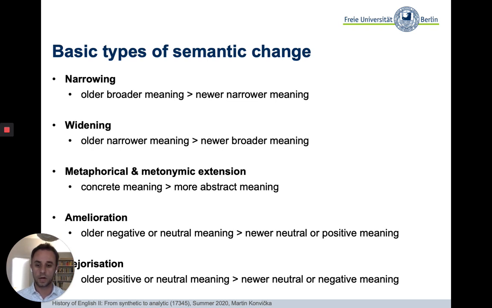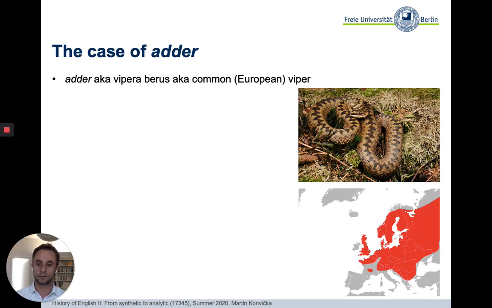And to show you how this actually works, we're going to have a look at the word "adder", right? So the word "adder" in English nowadays refers to the snake, in Latin called Vipera berus, or in English also known as the common European viper, right?